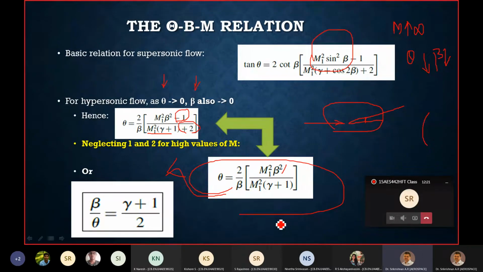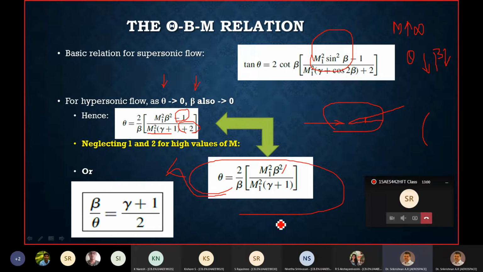What does it mean? It says that as Mach number increases and as the compression angle reduces, which means that when we are considering hypersonic flow past thin bodies, the ratio of shock wave angle to the deflection angle, beta by theta, is independent of Mach number, and it tends to be gamma plus 1 by 2.